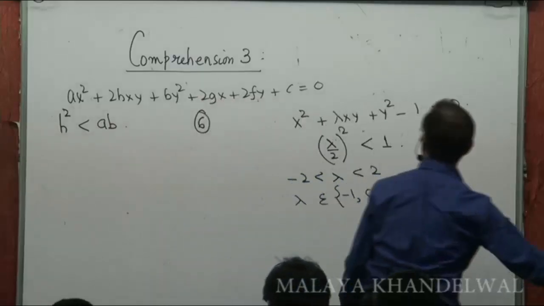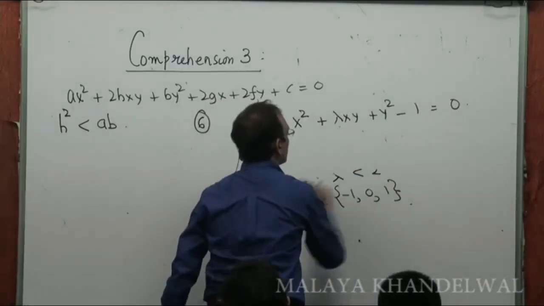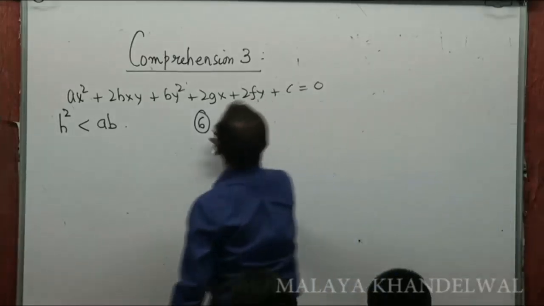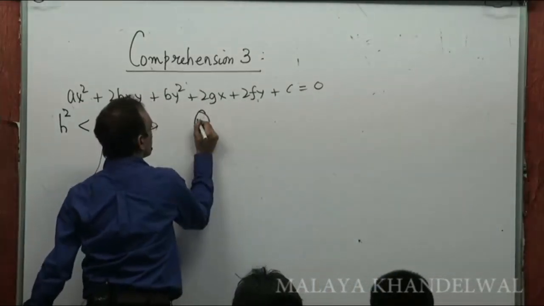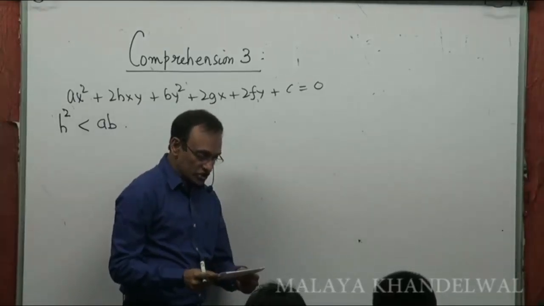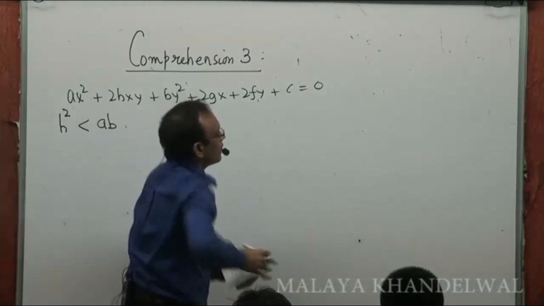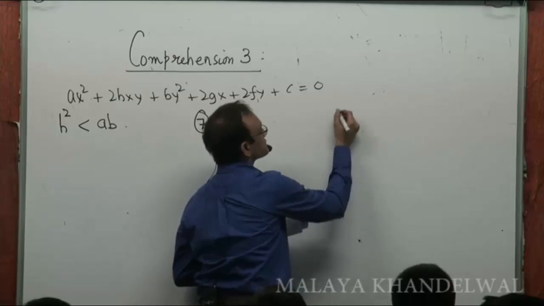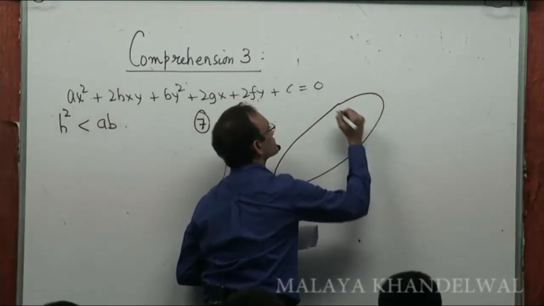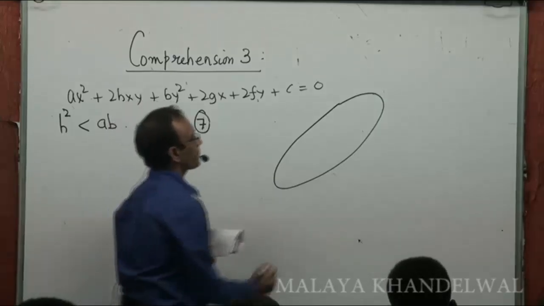Now, the next part of the comprehension, problem 7. The length of the longest chord of the ellipse. Of course, this is an inclined ellipse. This is the ellipse, right?